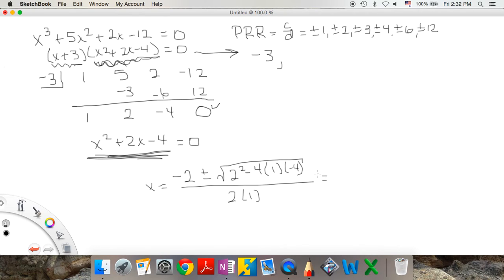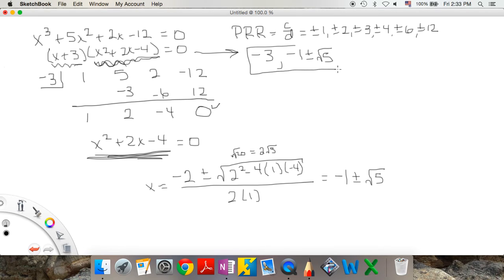When you calculate that all out, you get 4 squared plus 16, which is 20, and the square root of 20, remember that simplifies down to 2 on the square root of 5. If you don't remember how to simplify square roots, you need to make sure you see me so that we can get that nailed down, because you should know how to do that by now. And then when we simplify this, we end up with negative 1 plus or minus the square root of 5. So those are our other zeros.